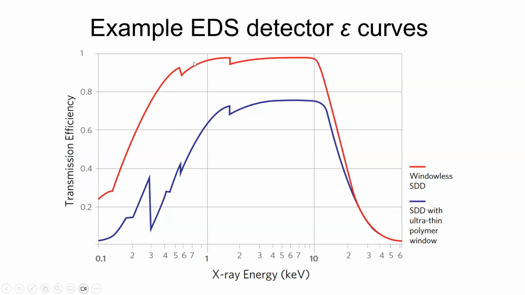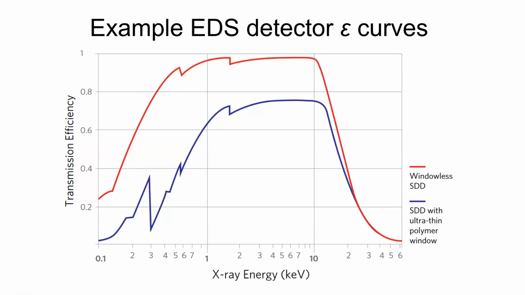Okay, but anyway, so why does this happen here? Okay, so you have, based on the construction of your detector, right? You have different layers, you have contacts, you may have a window if you have an older detector. Okay, and all of those things your X-rays have to pass through in order to get detected by the active area of the detector. Okay, so part of your inefficiency here, right, at the lower energy X-rays is you have things like contact layers that your X-rays have to go through.